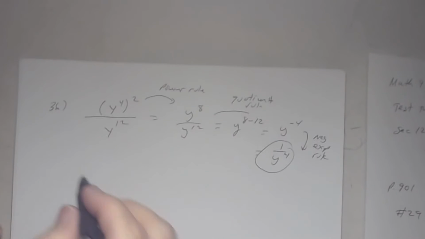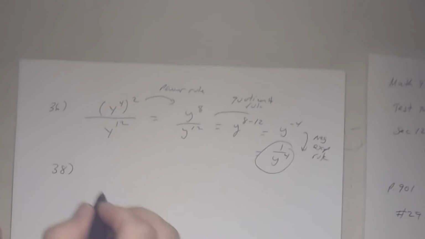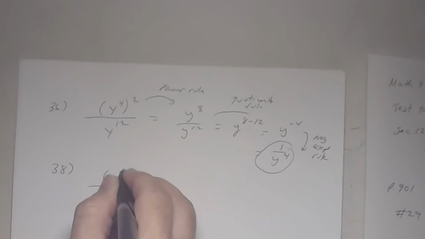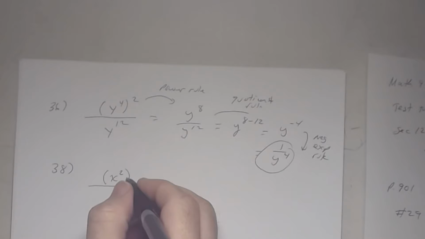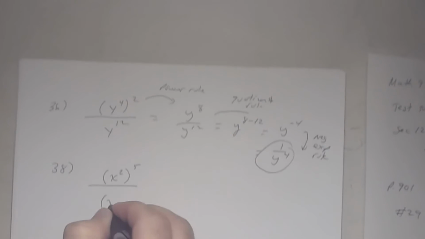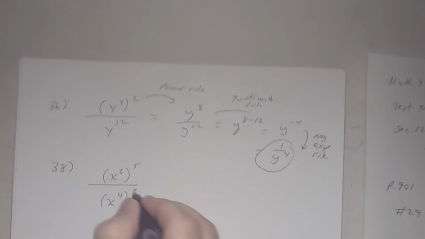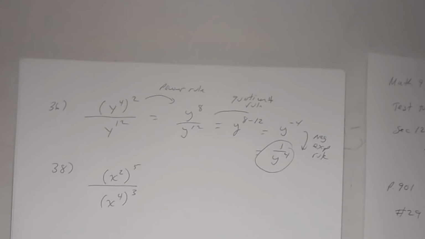All right, 38. You have this fraction. You have x squared raised to the fifth, over x fourth raised to the third. That's what we have.